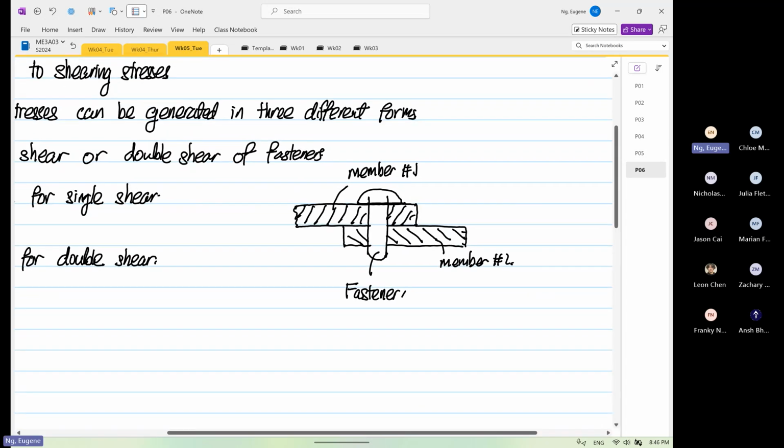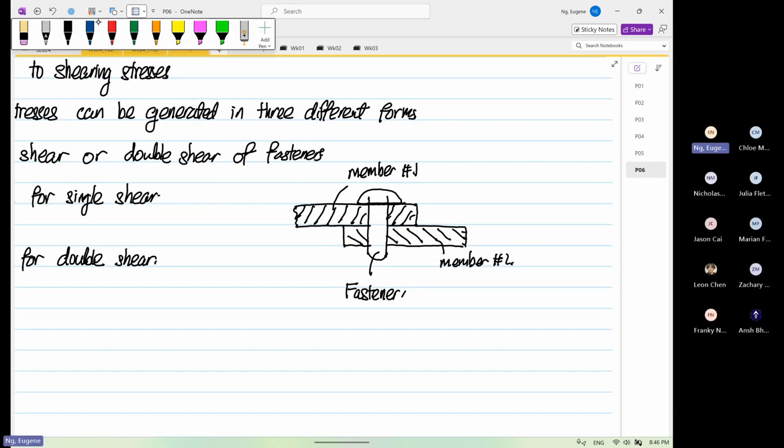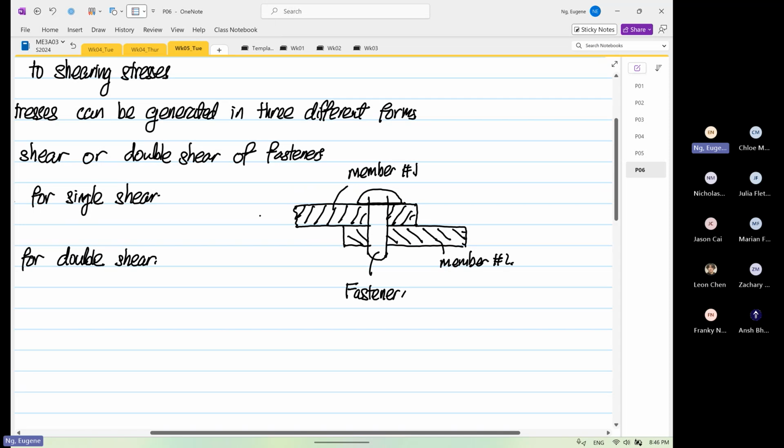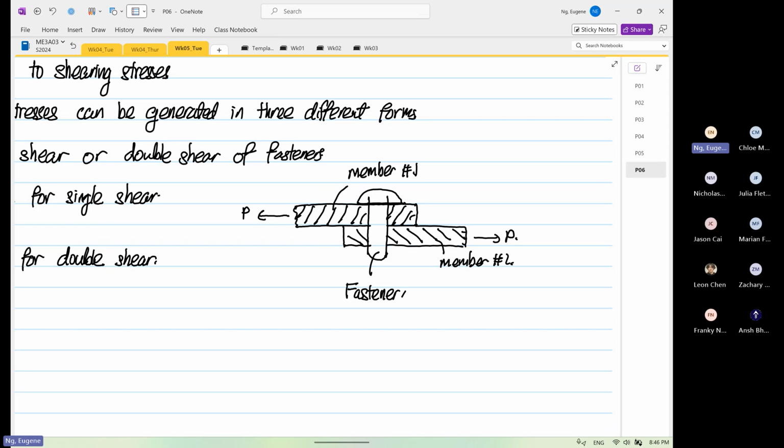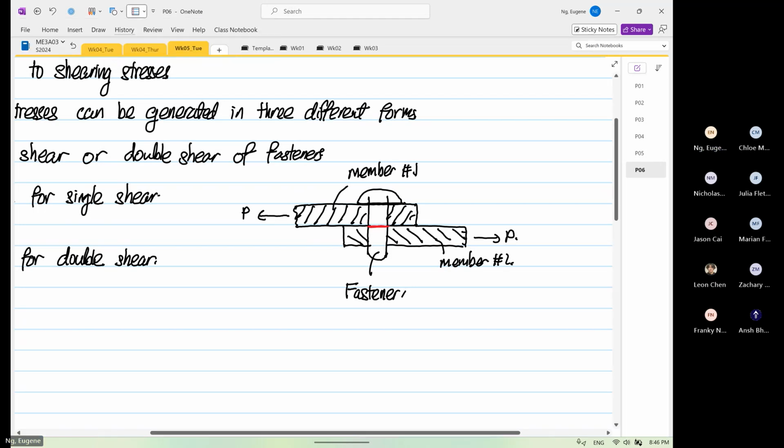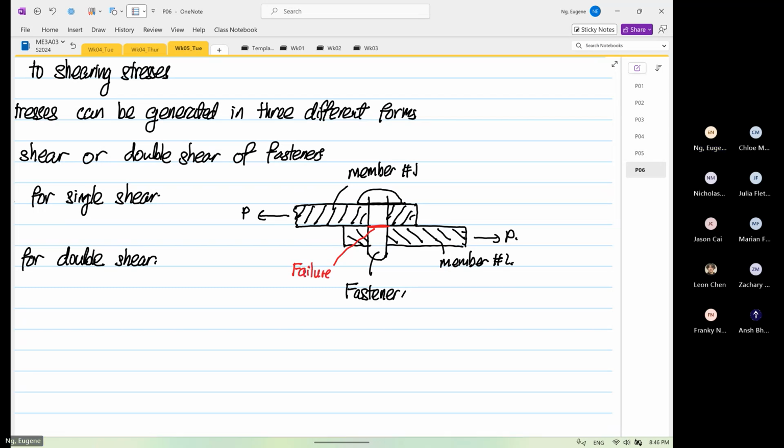And then the force that is applied, one goes in this direction and the other one goes in the other direction. So failure will occur on this red line. This is where failure will occur.